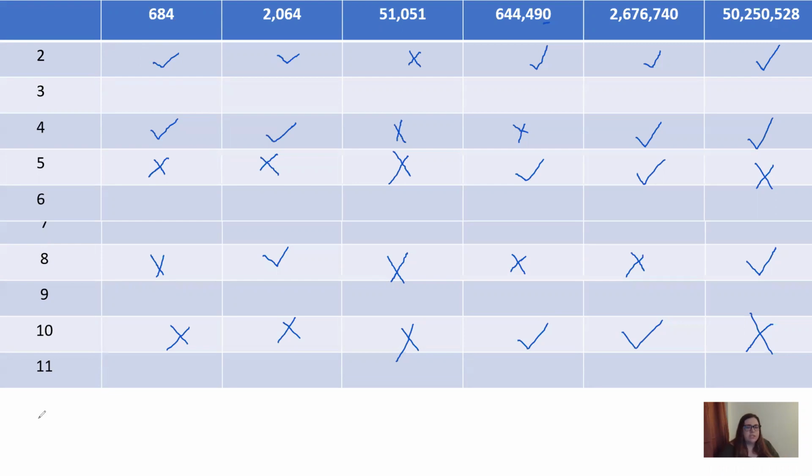So for 684, for instance, we'll do 6 plus 8 plus 4, that equals 18.